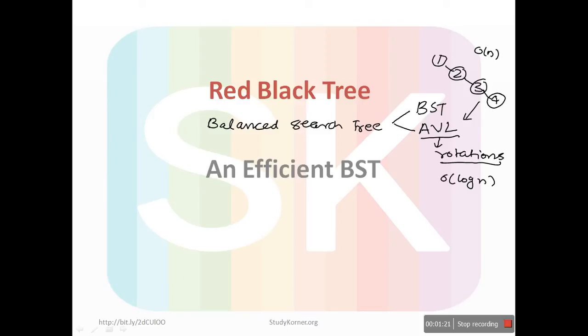Now in any application, if insertion and deletion occur very frequently, then AVLs are not so efficient. So the extension of the AVL tree, that is the red black tree, came into the picture, which introduces the concept of recoloring along with the rotations.